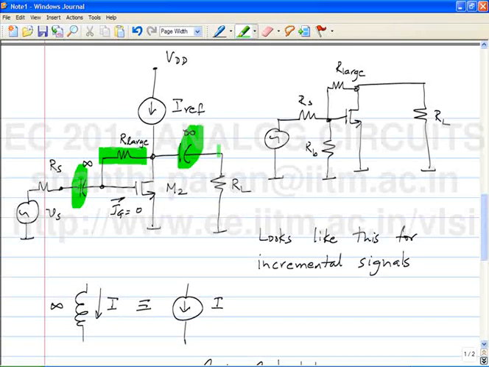We saw this before. If the gain is very large, the output is much larger than the input, which means that a small swing at the gate will result in a large swing at the drain, which means we can do an engineering approximation and say the gate doesn't move, it's only the drain which is jumping around. And how low can the drain go before the transistor gets into triode?